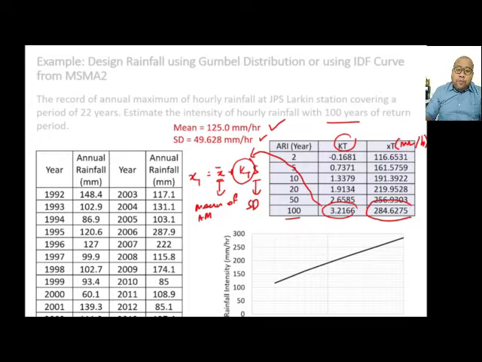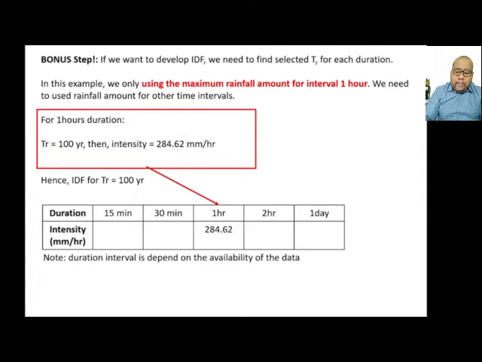What happens if you want to develop the IDF curve on your own? If you want to find the IDF curve, the first step is you need to find the return period for each duration. For the example that I just gave you guys, this is the maximum annual rainfall for an interval of 1 hour, which means the duration is 1 hour.